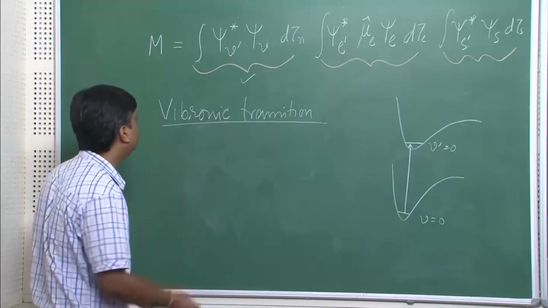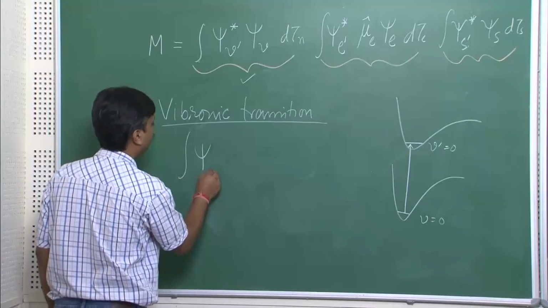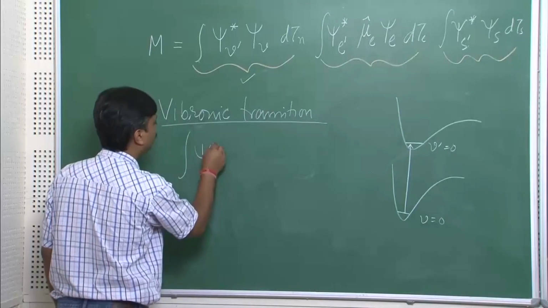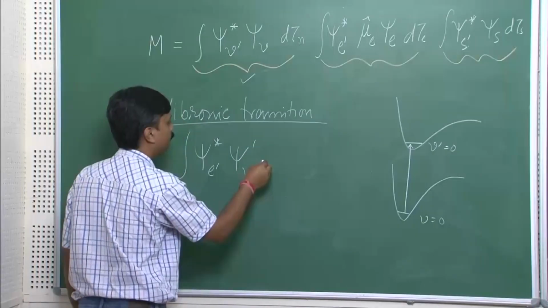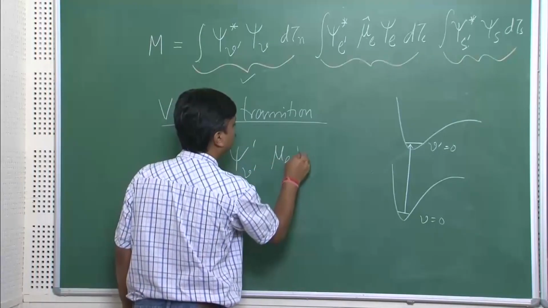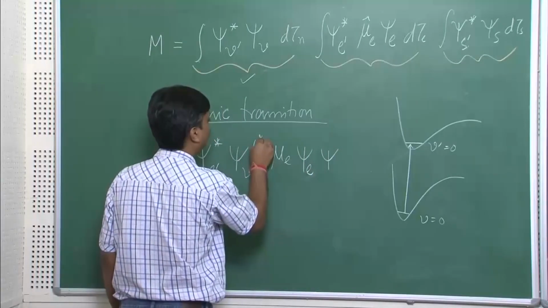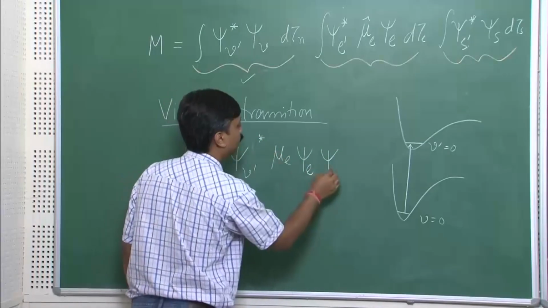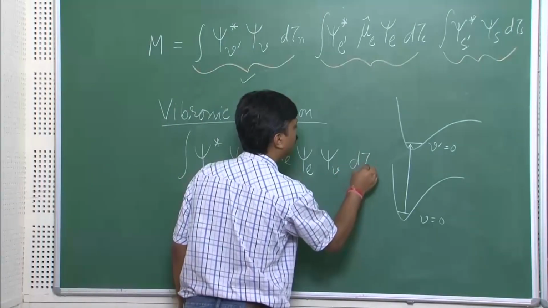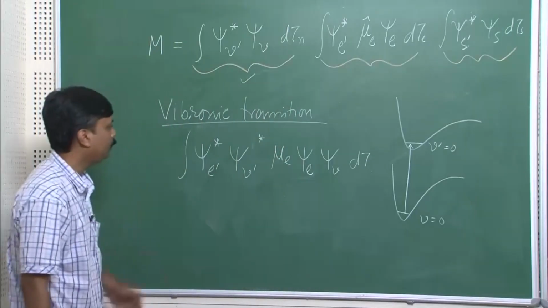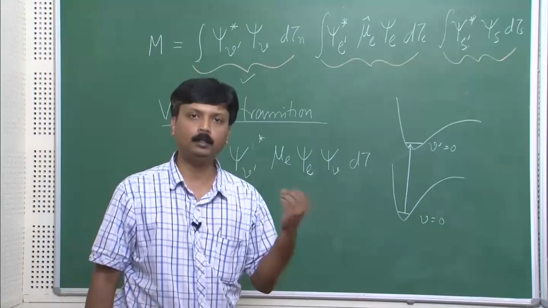Now if I think about a situation where I have this and then this, you remember that we have earlier decoupled this, right? And you have d tau. So this is my transition moment integral for a vibronic transition, right?